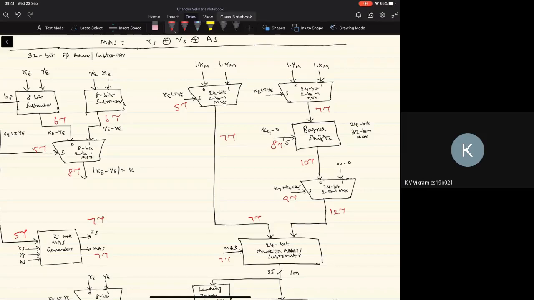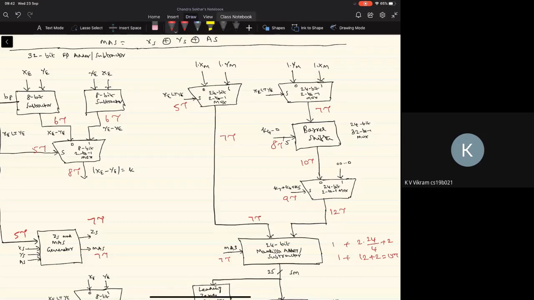That will take 1 tau. Then 2 into n by L, where n is 24 bits here, and L is 4 plus 2.